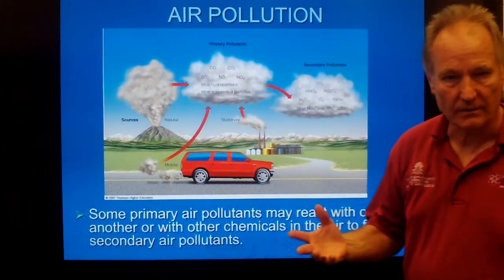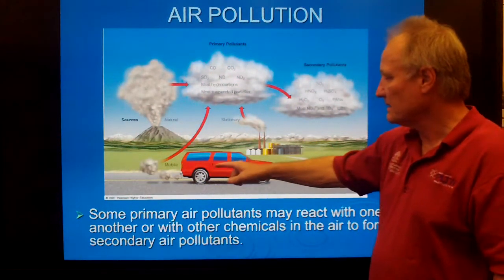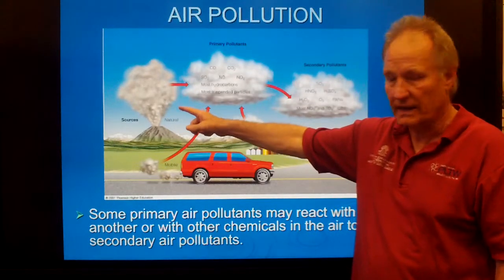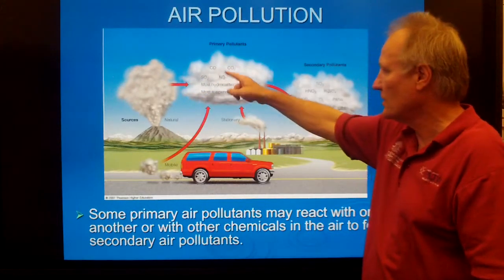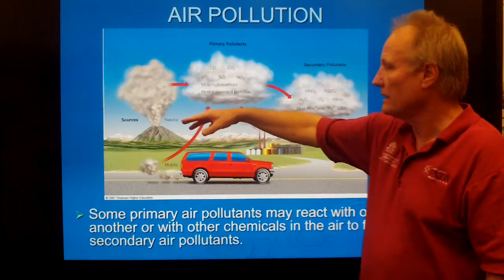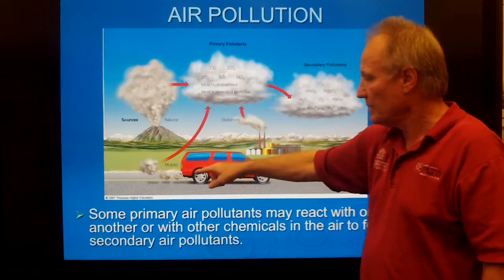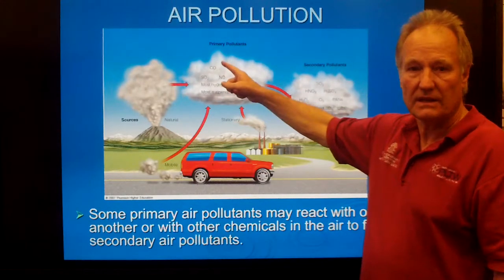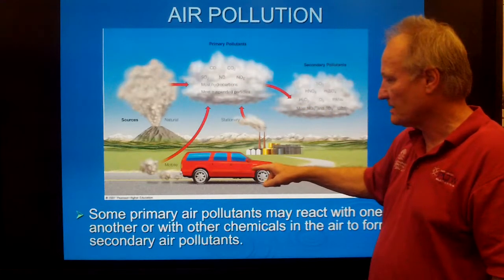Where does this stuff come from? It begins in factories. There are natural sources. Certainly whenever there's a volcanic eruption, all kinds of SOx, COx, NOx are emitted into the atmosphere. But also every time we drive down the road, we are putting these out by internal combustion.